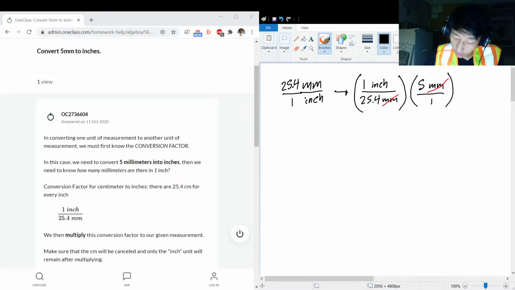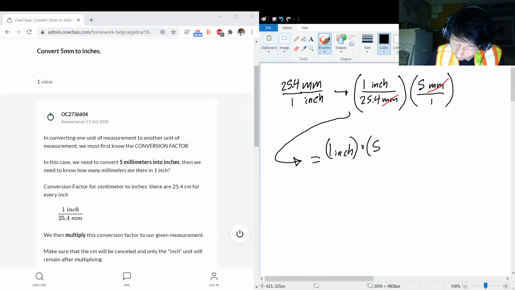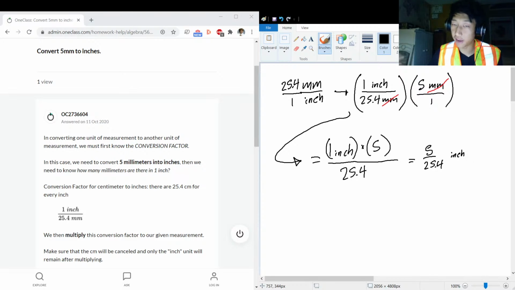So this translates to 1 inch times 5, the millimeters got neutralized by the millimeters on the bottom, over 25.4. So this is just equal to 5 over 25.4 inches corresponds to 5 millimeters.